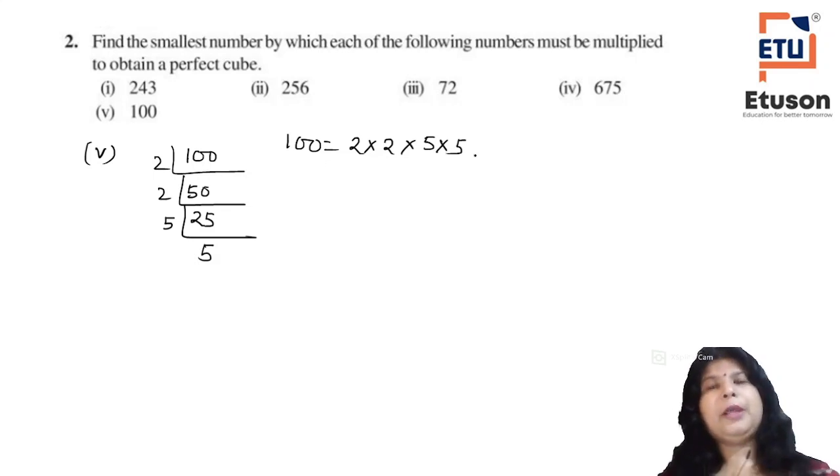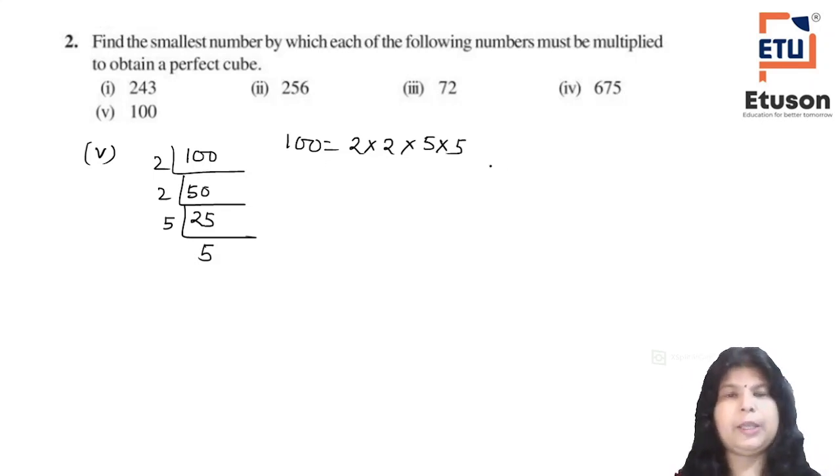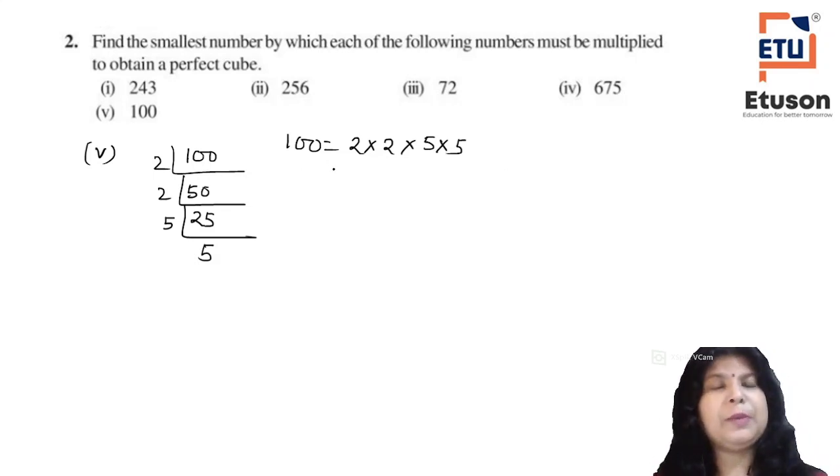So both the prime factors don't have a set of 3. So what should you multiply then? Here you need one more 2 to form a set of 3 for factor 2. Similarly, you want one more 5 to form a set of 3, right?